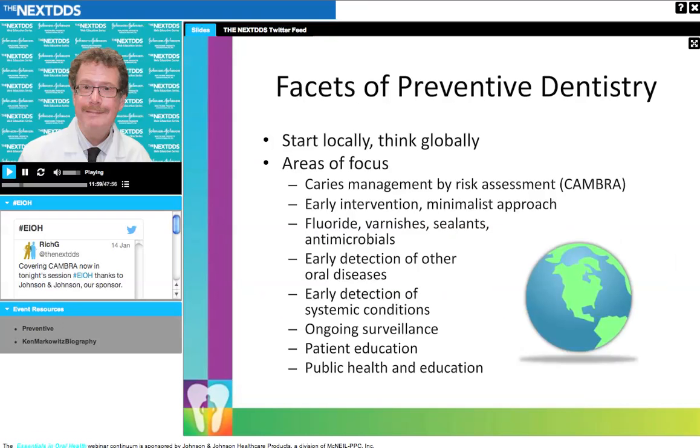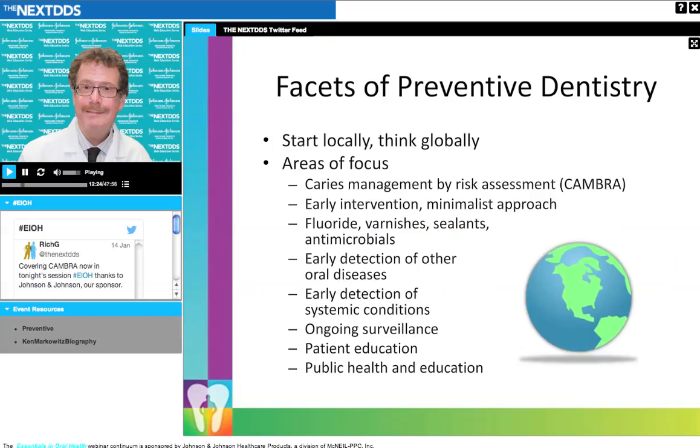Okay, globally, think of it, there are many things that we can do. We can adopt caries management by risk assessment, what's called CAMBRA. There is an organization that restorative and other dental faculty belong to where we have a CAMBRA program, and we design CAMBRA protocols for our individual schools.